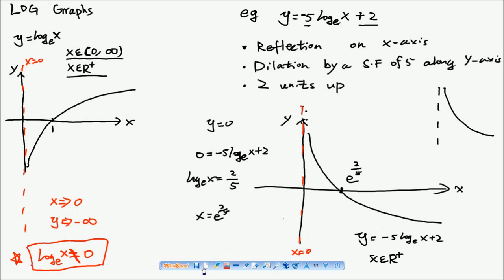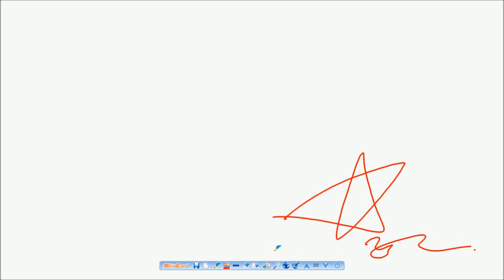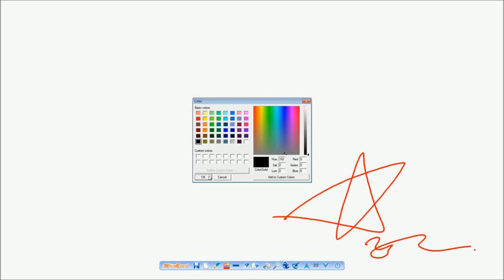Now let's do another question. Let's sketch the graph y equals log base e of minus x plus 5 plus 1.